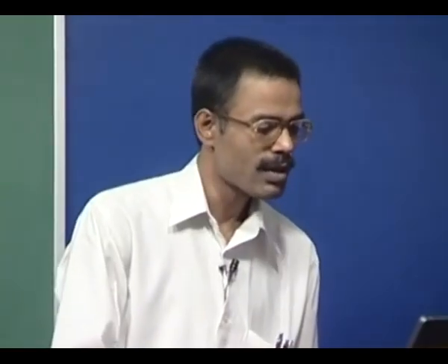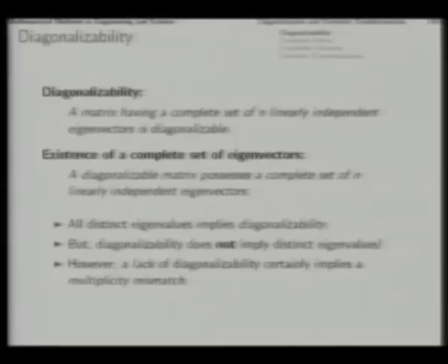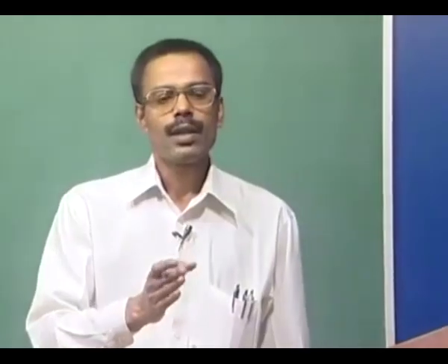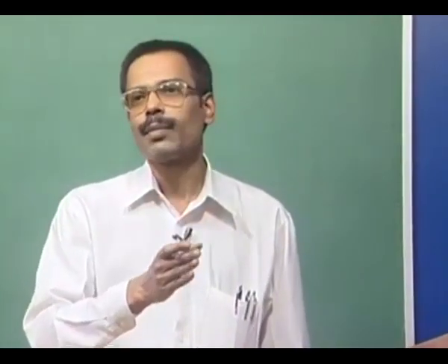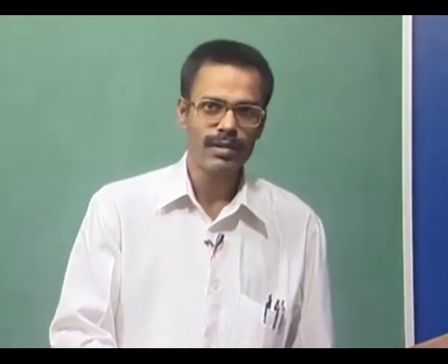Now, a few important points which are actually quite simple, but are sometimes confused. So, note these small simple statements and do not get confused. One is, all distinct eigenvalues directly imply diagonalizability, because for every eigenvalue there must be an eigenvector; that is necessary for the definition of eigenvalue itself.